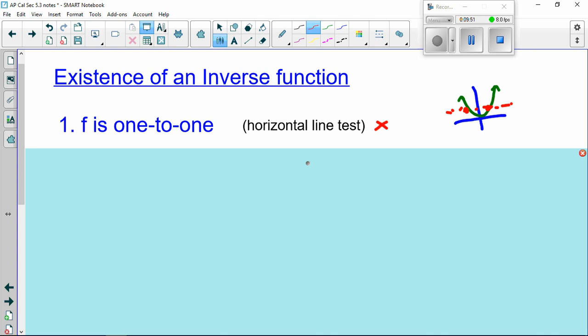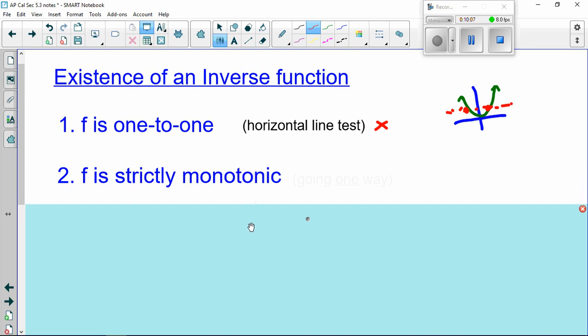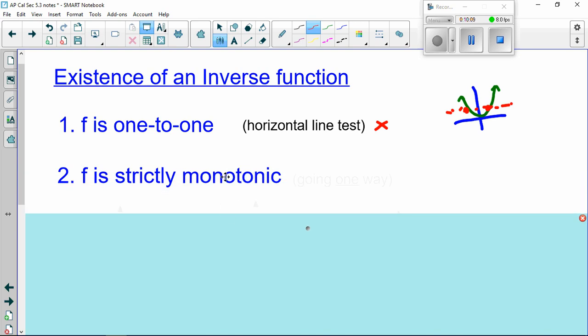So the inverse of a parabola is not a function itself. We can undo a squared, but it ends up giving us 2 different functions. The other one that's a more calculus-y word is if f is strictly monotonic.